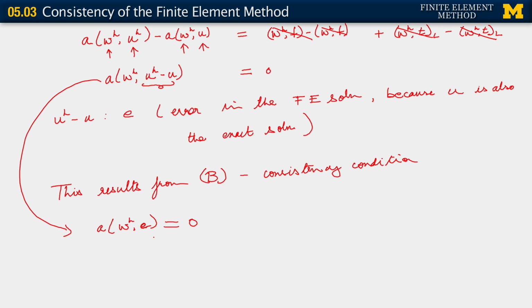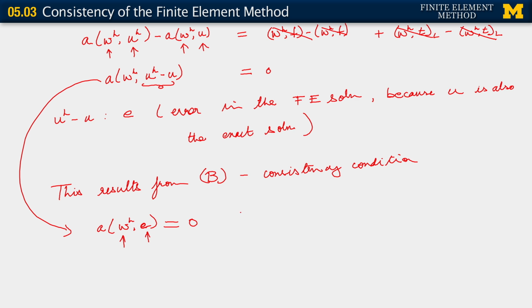So effectively what this is saying is that, suitably defined, the projection of the error on our space of functions WH, or space of functions VH, that projection is 0.